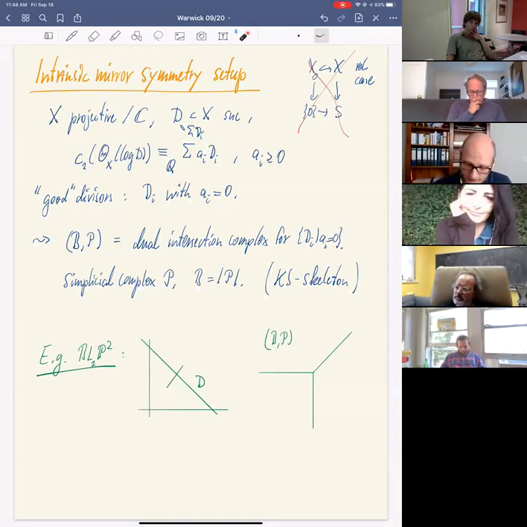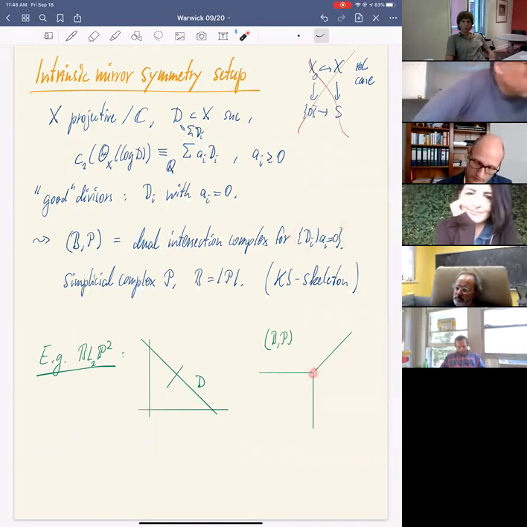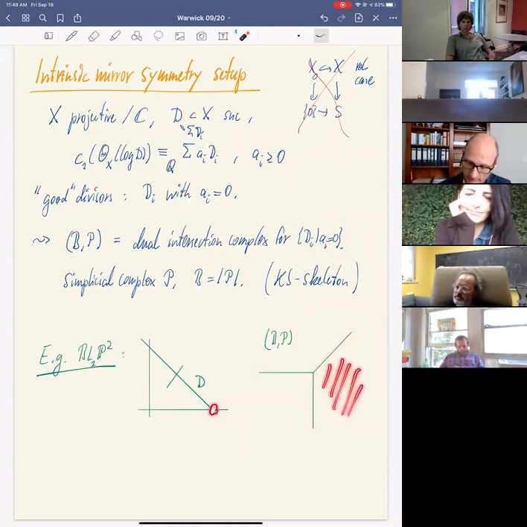And then you produce the dual intersection complex, only taking the good divisors, okay? So this has a central point which corresponds to the empty intersection, and then the vertices, or the rays, are given by the good divisors, and then the deeper strata have 2-dimensional things and so on.